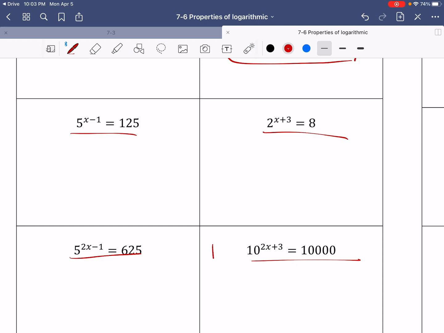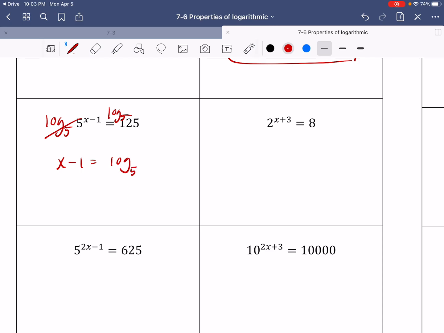Let me do this one. So log base 5 both sides here, right? So you're gonna get x minus 1 equals log base 5 of 125. And here you can do plus 1 both sides.